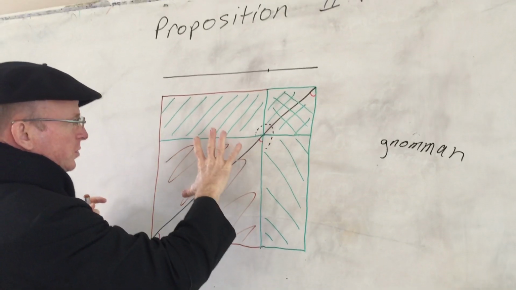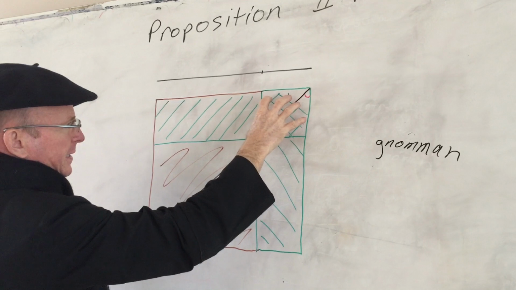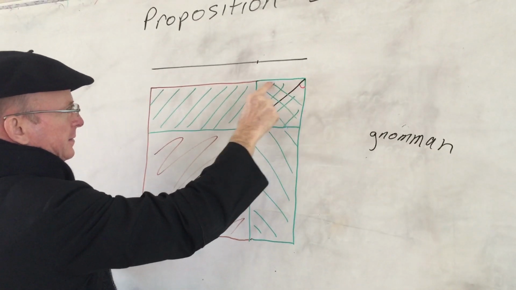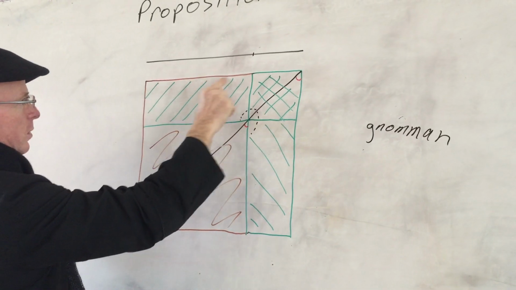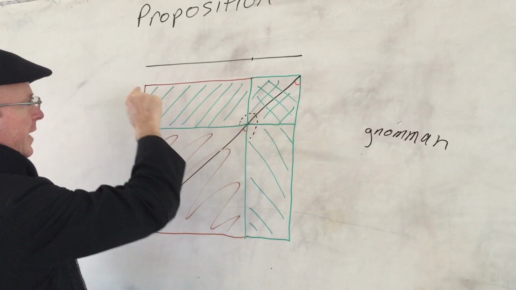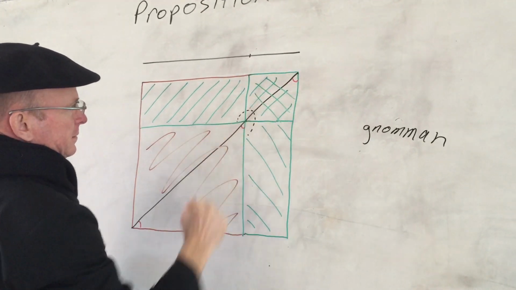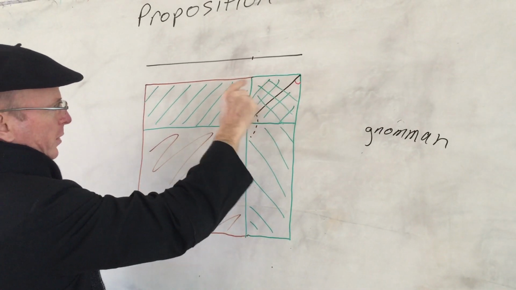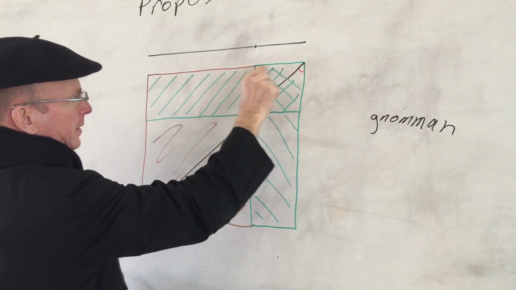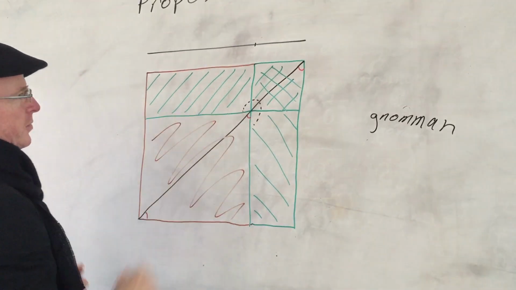So this big old square plus this is equal to twice the rectangle contained by this and the square on this. But this big old square is the square on this, and this square is the square on this, okay? And this is the whole line, and this is one of the segments, and this is the other segment.